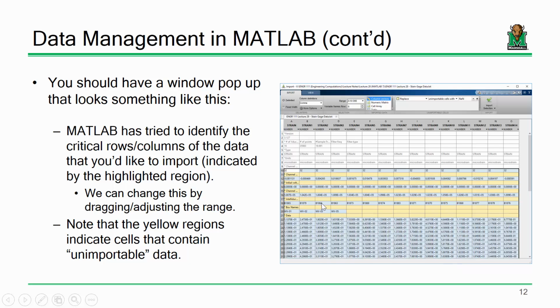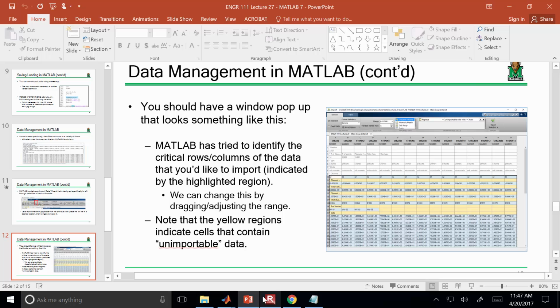All right, this is the pop-up that it gives us, and you'll notice that some of the cells are identified differently than others. You browse along and see that some of the cells are identified as unimportable.